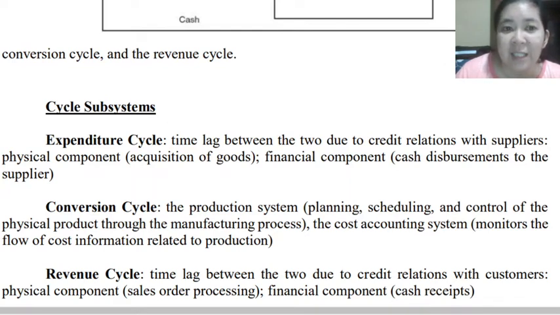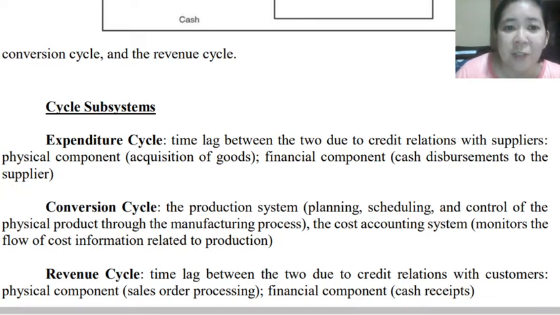So this is in relation to the physical component or the acquisition of the goods, and the cash disbursements to the supplier. So of course, again, this will depend upon the availability of cash of the entity to pay for their inventory acquired from the seller, or the supplier.